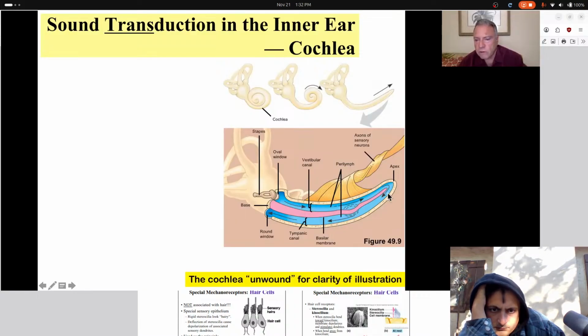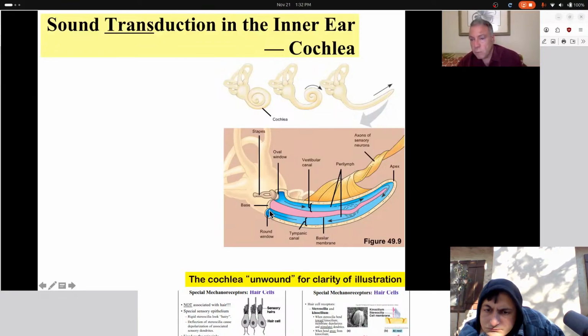Fluid transmits vibrations. The ear bones connect to the oval window here, so every time there's a vibration, it pushes the fluid, creating a wave that travels down this fluid, up, and then back.